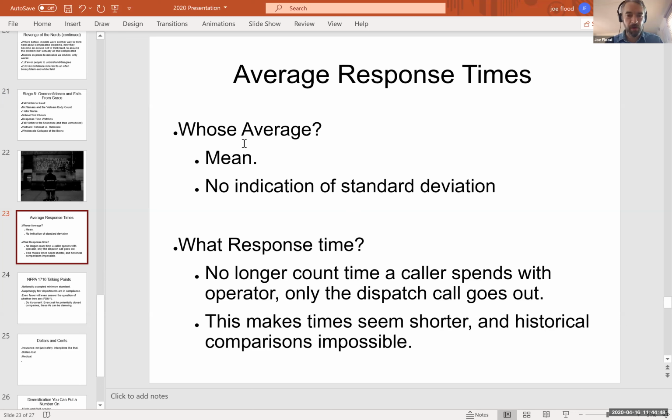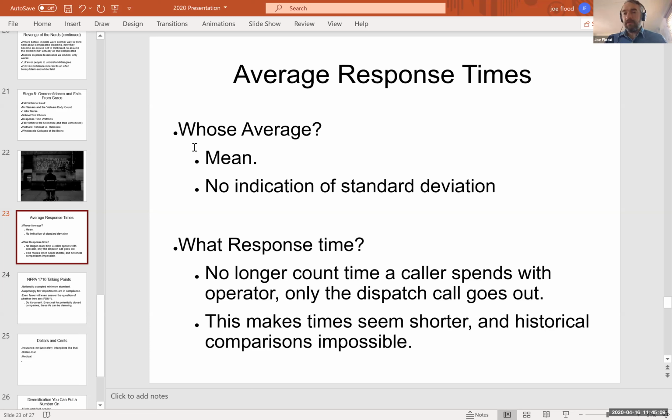Just some quick things, a little wonky here, but average, right? There are multiple definitions of average: mean, median, mode. The mean, the usual we use for average, is the average time between all these companies. So if you have 100 fire runs and it averages out to, let's say, a 6-minute response.